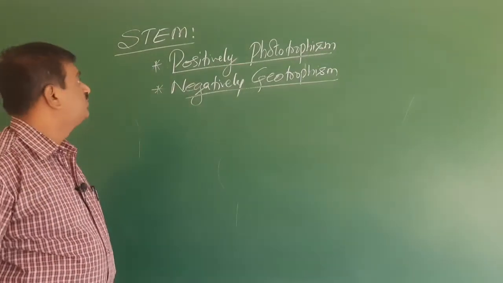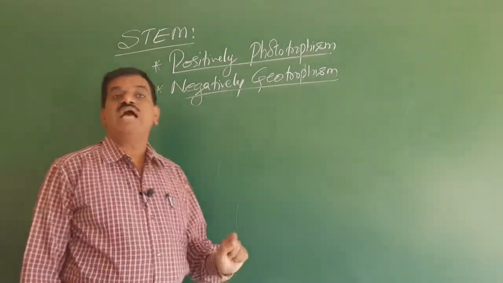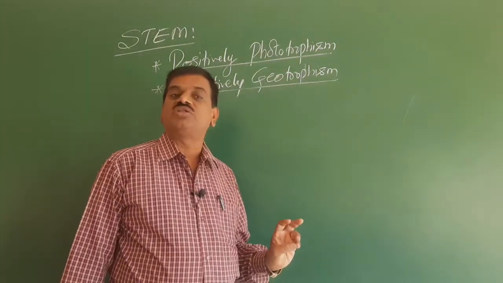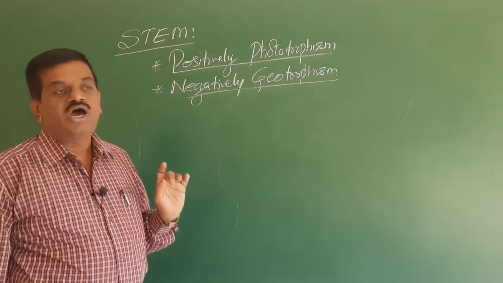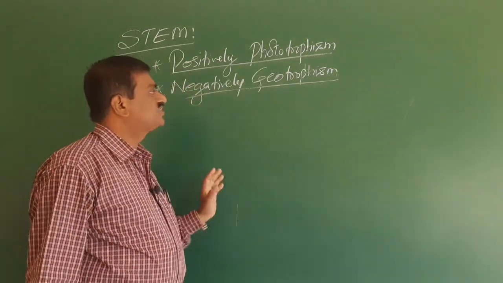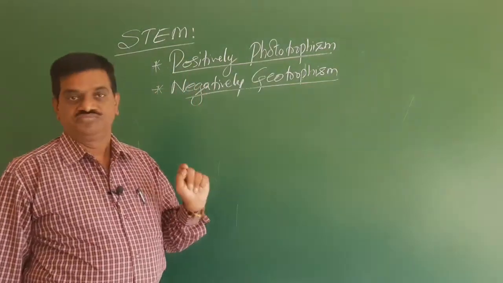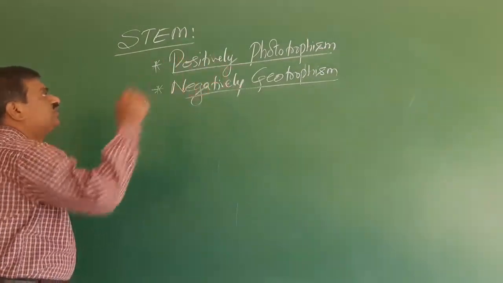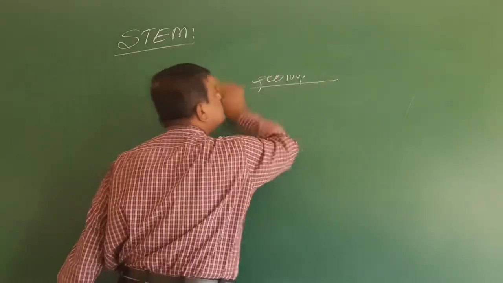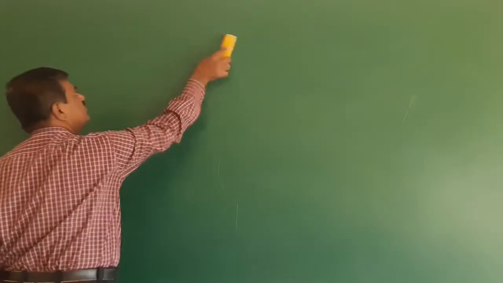Next, the stem has some modifications. It may be thorns, hooks, or tendril modifications. All that we are discussing one after the other. Now we will step into the next topic called modifications of stem.